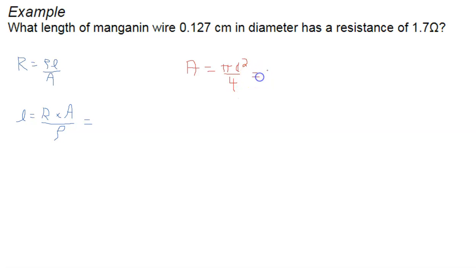And we have pi. Now, let's write d here in as meters, right? So d is equal to 0.127 centimeters multiplied by 1 meter over 100 centimeters.